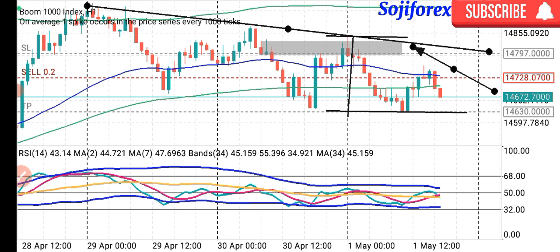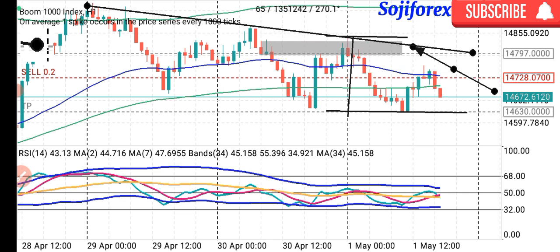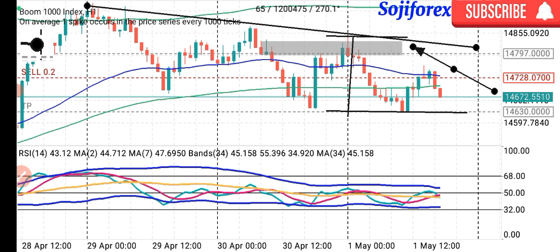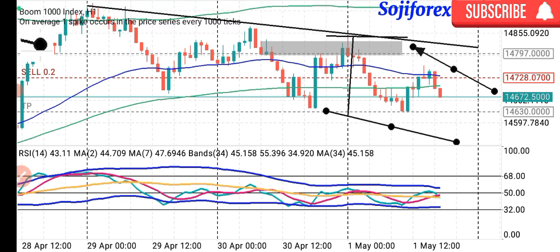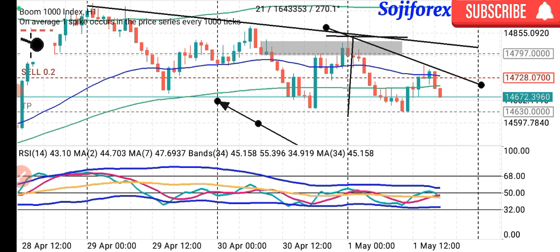So it's a double confirmation for us. And this new one that is forming now, okay, now we have the market making the new wave. I'll just connect this trend line now to this my new low, this my new chart pattern, and then we are good to go.